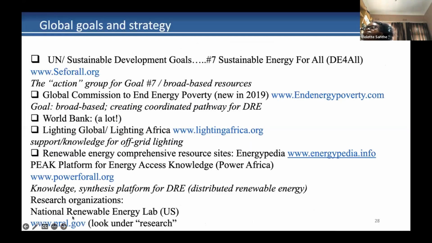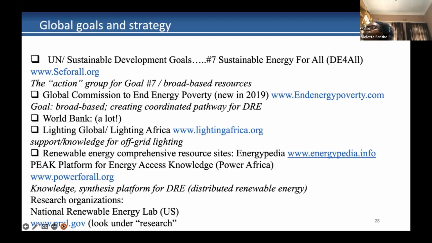Okay, so you have a lot of resources from the UN website which talk about Sustainable Development Goals, especially Goal number 7. And then the website is there. You have the Global Commission to End Energy Poverty, and then we have the World Bank, Lighting Global, Lighting Africa, Renewable Energy Comprehensive Resources.